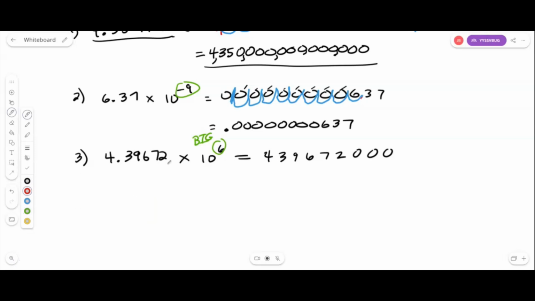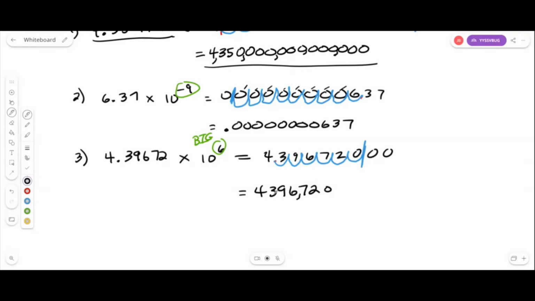So that decimal place right now is sitting right there. It's got to move 6 places to the right. So 1, 2, 3, 4, 5, 6. It's right here. So that becomes 4, 3, 9, 6, 7, 2, 0.